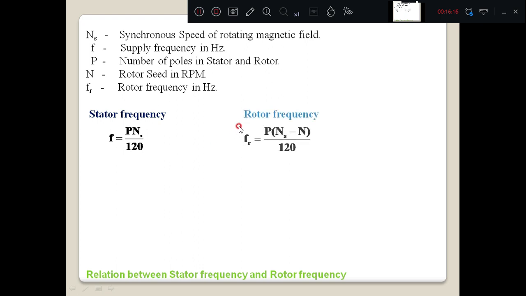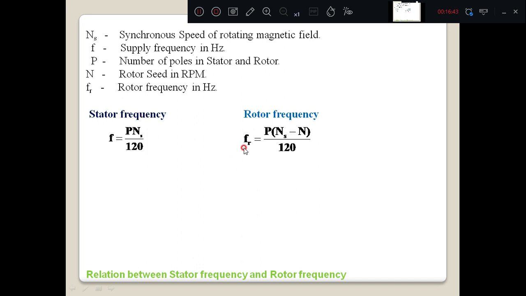Then I will take the rotor frequency. The rotor frequency is because of the slip speed, that is ns minus n. Therefore, I am using a similar equation, P n by 120, and instead of ns I am replacing it by ns minus n, because here there is an induced voltage because of slip speed. Therefore, Fr is equal to P into bracket ns minus n divided by 120.